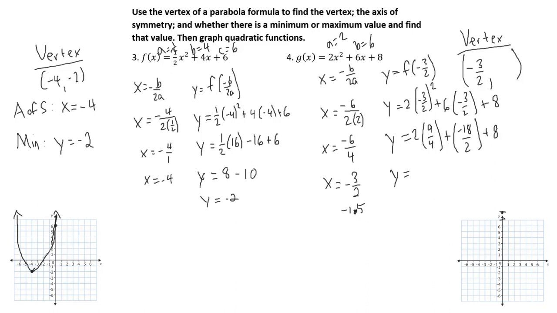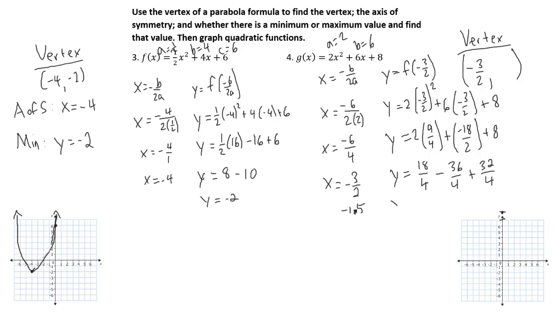So that's y equals 18 over 4 minus 36 over 4 plus 8 times 4 is 32 over 4.